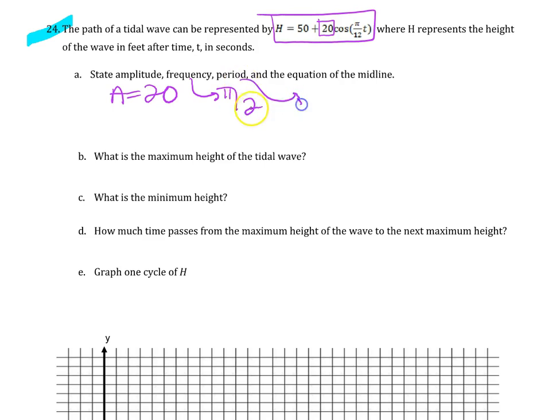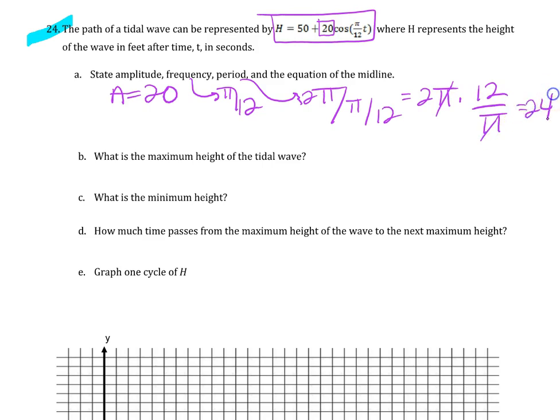The period is equal to 2 pi divided by the frequency. So that's 2 pi times 12 over pi, which is 24. Okay, technically 24 seconds in the context of the problem. The midline is coming from this 50, which you guys are used to seeing at the end here, but they just moved it.